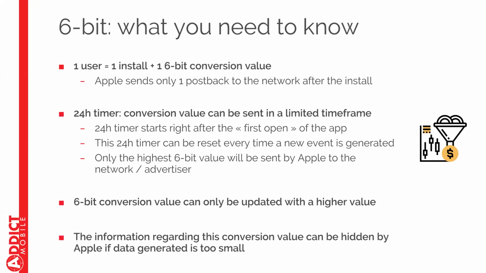If, for example, you have a campaign and you only have 1 or 2 installs, and then the postback allocated to this install, Apple may think, okay, there are too few installs, it's going to be easy to identify the users, so we won't send this data. It's too sensitive. So you have to consider this. It may not happen quite often, but it's another point you really have to know.